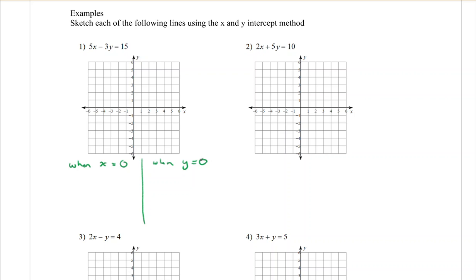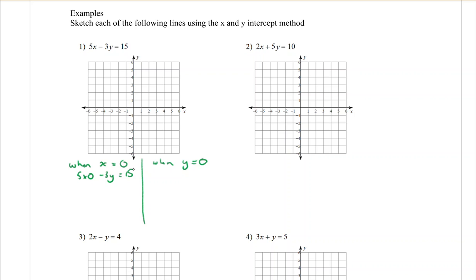So the first type, you can see I've written it on here. I'm going to do when x equals 0 on the left and when y equals 0 over here on the right. If I want x to equal 0, I look at my equation up here, and where the x is, I'm going to replace it with a 0. Now remember that if it's next to a number, it's times. So it is 5 times 0 minus 3y equals 15.